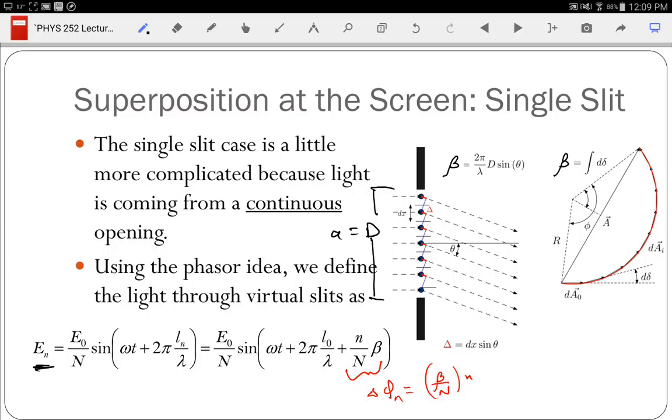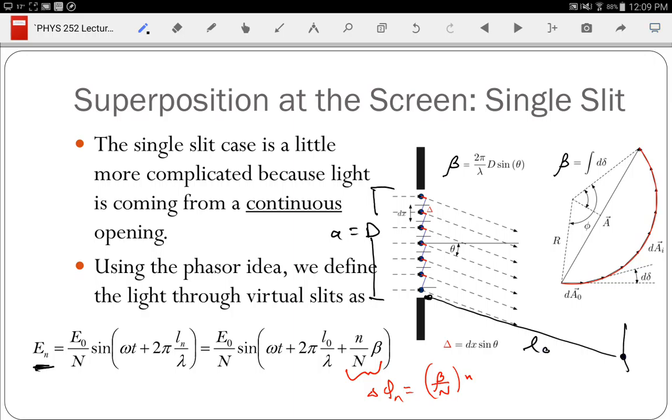So that's the electric field strength that went through just your slit, times sine of omega t plus 2 pi L over lambda. But what is L? Well, L is different for each slit. So I've broken the L up there into 2 pi L0 over lambda. L0 is the distance from the nearest point on the slit to where we're going to view it on the screen.